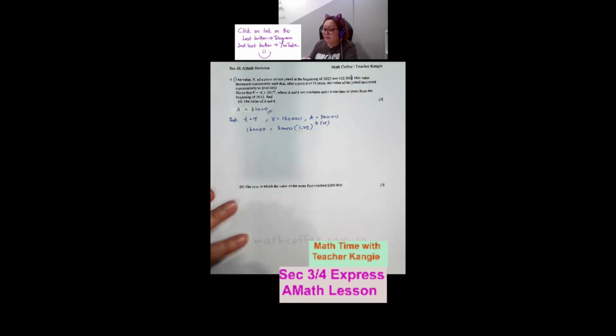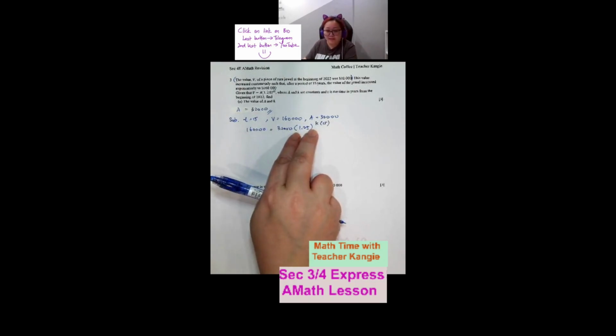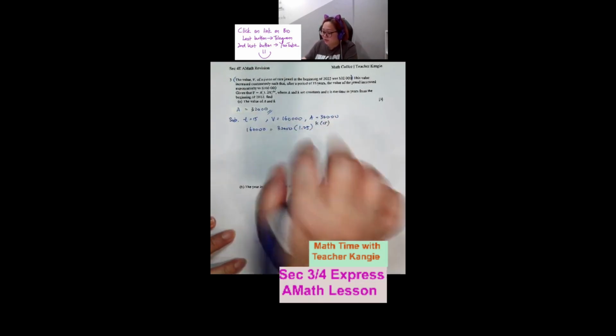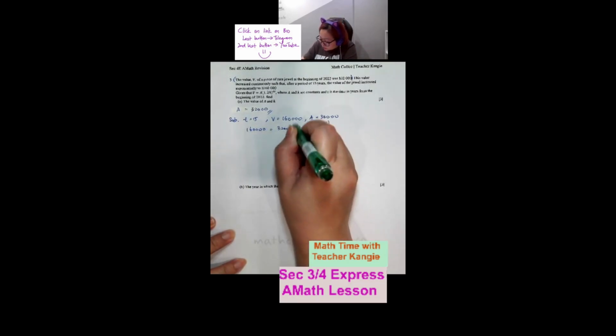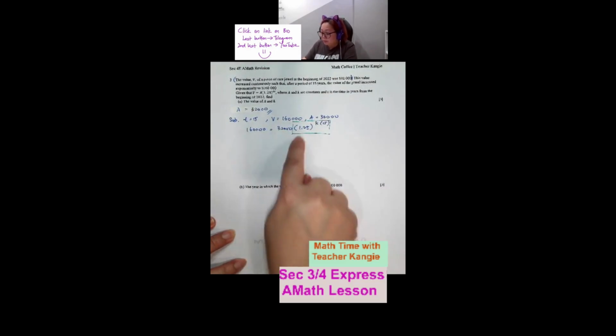Now after subbing, the thing is students always start wondering how to solve, and the common mistake is they go and multiply 32,000 with 1.25. Cannot, because your 1.25 is to the power of this one, so this is actually together. You cannot just multiply the 32,000 inside. So what's the trick?